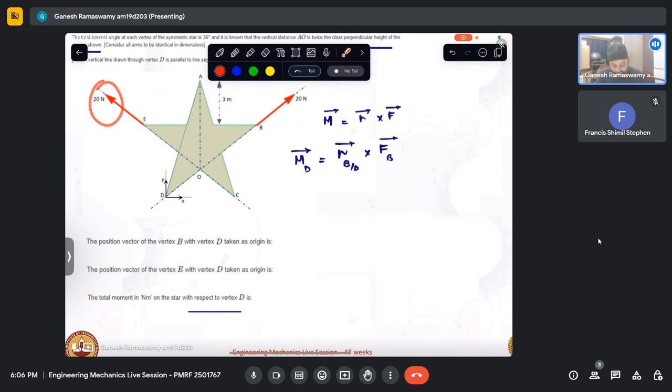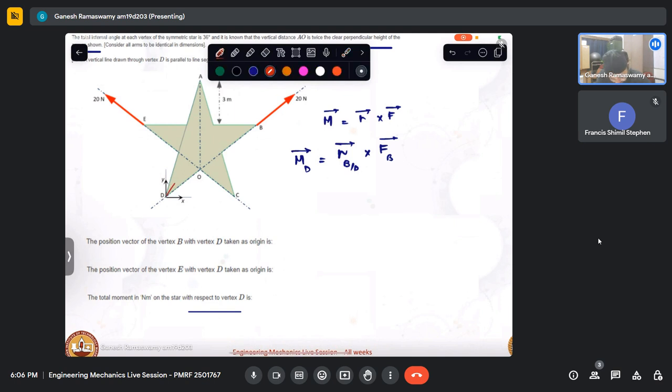Whereas this will have a contribution, and this is R of E with respect to D. But this crossed with this will essentially involve only this perpendicular distance, which happens to be 3 meters.